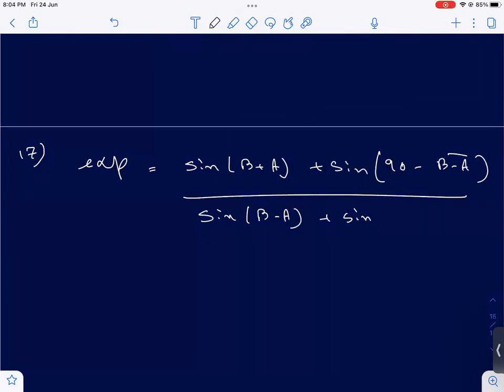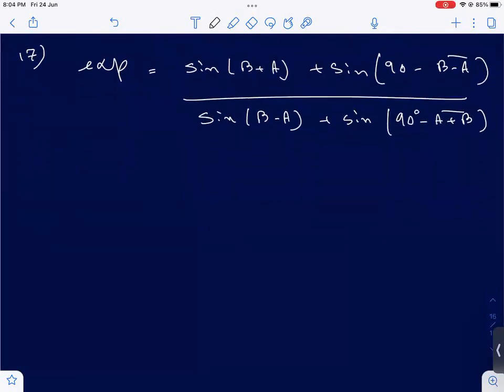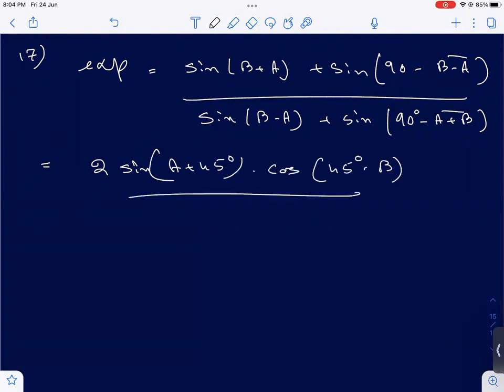This is also coming sin 90 minus A plus B. So if I apply sin C plus sin D, 2 sin C plus D by 2 cos C minus D by 2, directly I am using this A plus 45 degree into cos 45 degree minus B, total divided by 2 sin 45 degree minus A into cos 45 degree minus B.